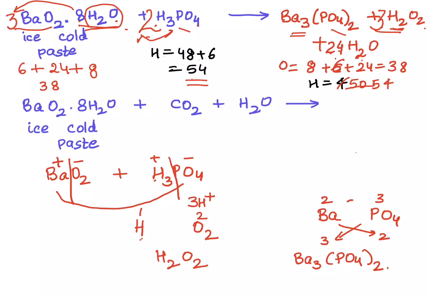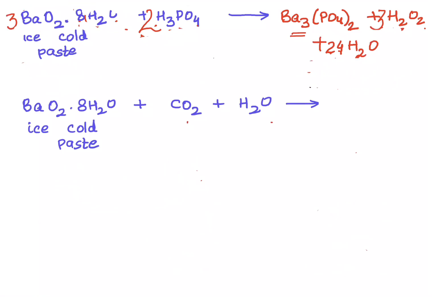You've got hydrated barium peroxide with carbonic acid, that is CO2 and H2O. Now for this, to make it easy, I'll give you a hint over here. Instead of taking CO2 plus water, treat it as H2CO3, that is carbonic acid, right? So you have barium peroxide plus carbonic acid.